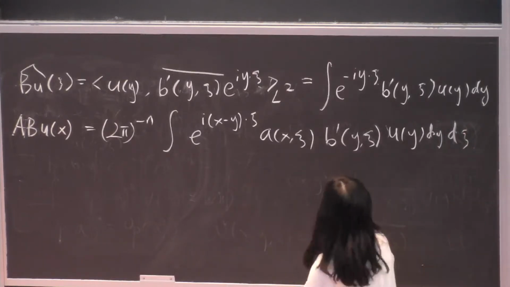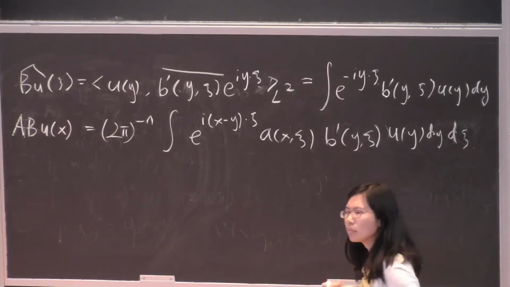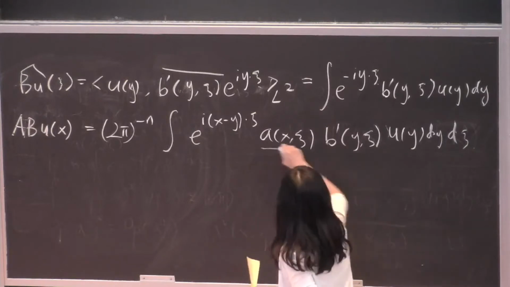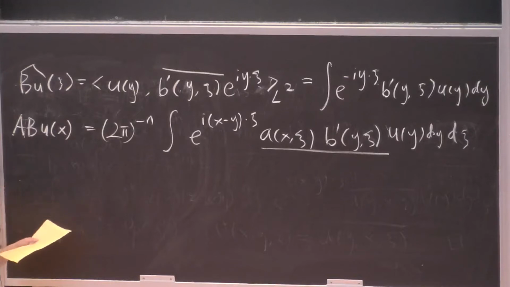All right. Any questions so far? All right. So you can see that I'll just pick out this, and that's the symbol. And again, there's some technicality here, that there's a decay issue. One convenient way to say this is that I'm going to start with when everything is convergent, meaning that I'm going to assume enough decay, then I can approximate with nice enough symbols, then you can get there.